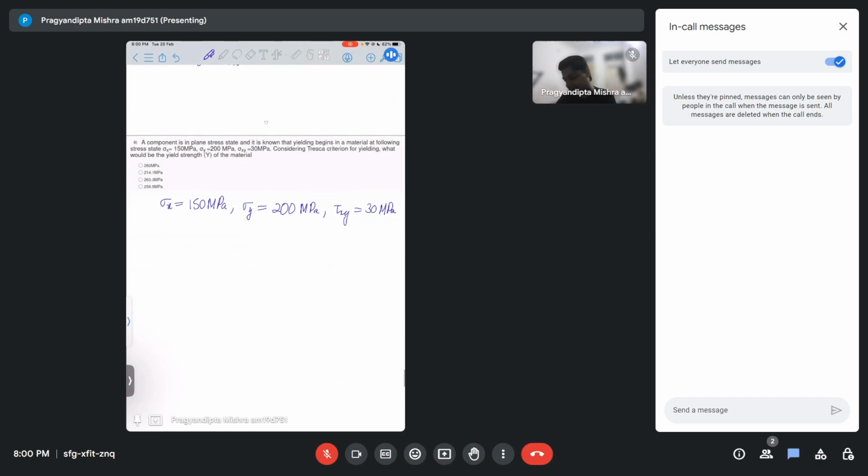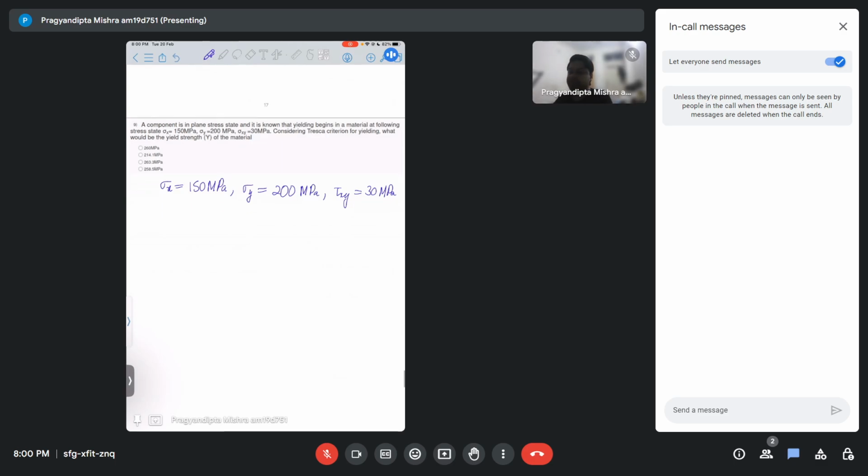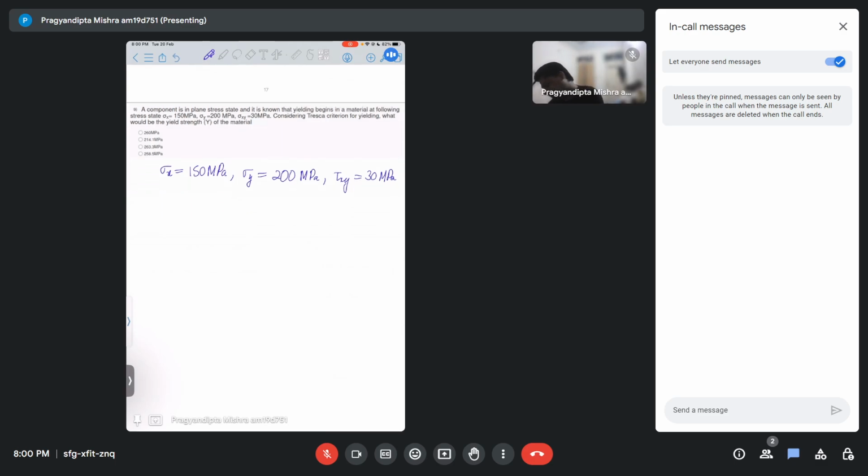Right, so they are telling us to find it using Tresca criteria. So we'll use Tresca criteria to find all the three principal stresses. Now, since it is a biaxial state of stress, your principal stress in the third direction will be equal to 0 because there is no sigma z or any component of stress acting in the z direction.